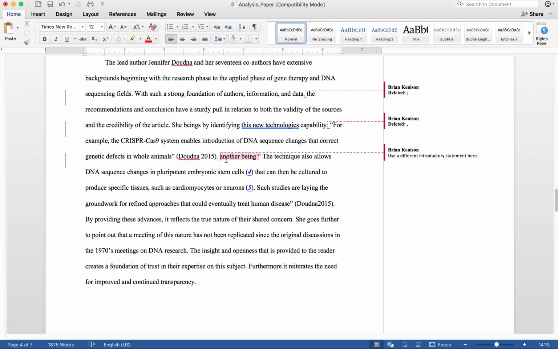Going down, there are a couple of different quotes here that the writer's trying to tie together without much text between them. And sometimes that can work. In this situation, it's not working well. For example, you have this original quote here, which is a complete sentence in and of itself, and then the author tried to just add this in to tie in another quote of several sentences.